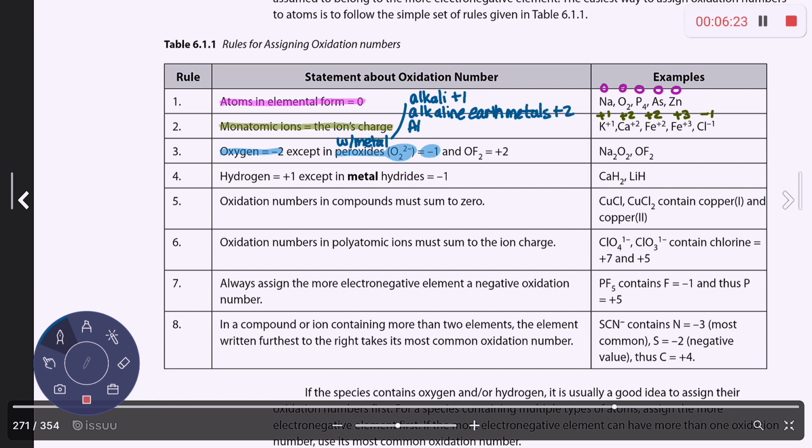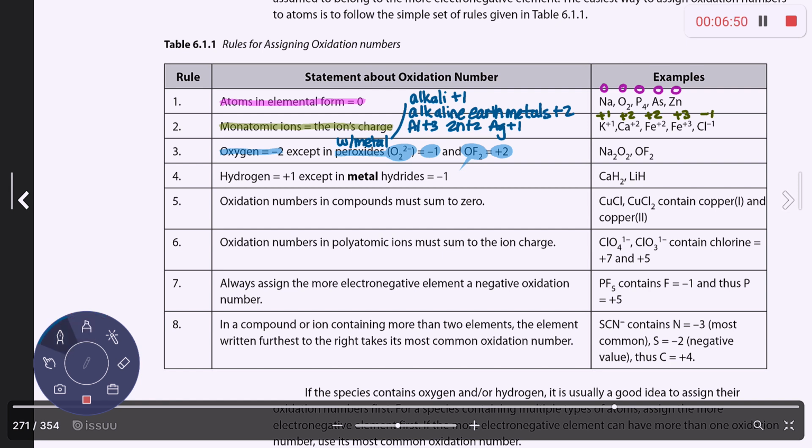And then aluminum, zinc, and silver, anything with an assigned charge on the periodic table that we have gone over, its oxidation number will be the same, okay? So assign the metal first, then go and assign the O2 that's attached to it, because that will reveal whether it's peroxide or not. The second exception would be OF2. Here, oxygen is a +2, okay?